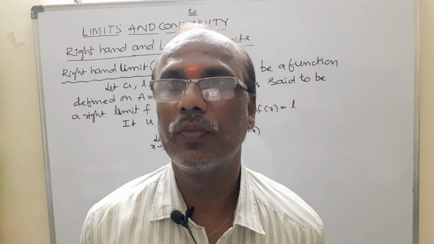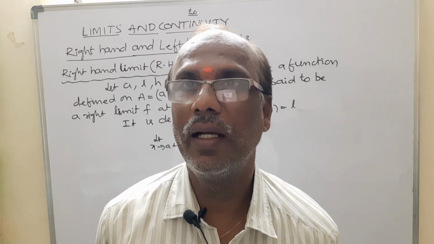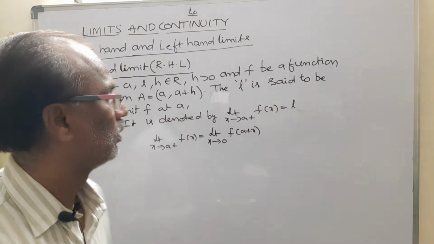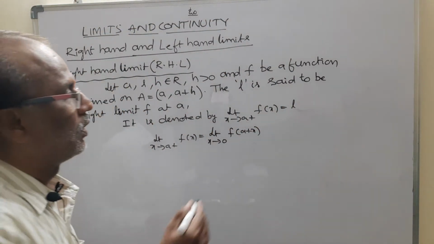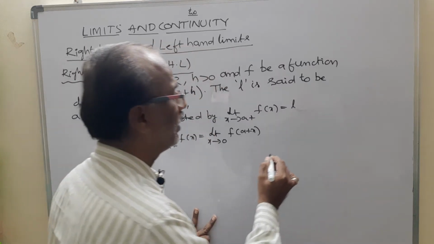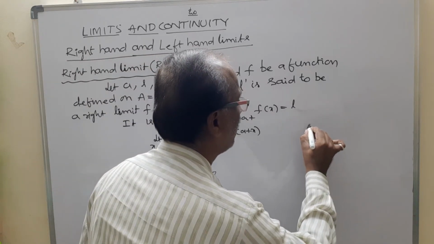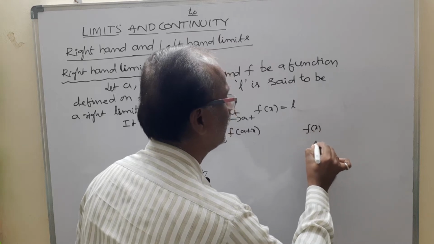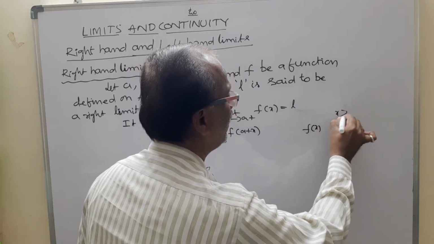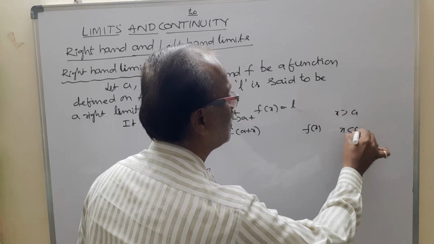In this video, we discuss right hand and left hand limits. First, the definition of right hand and left hand limits. f of x is a function. It has x greater than a and x less than a.